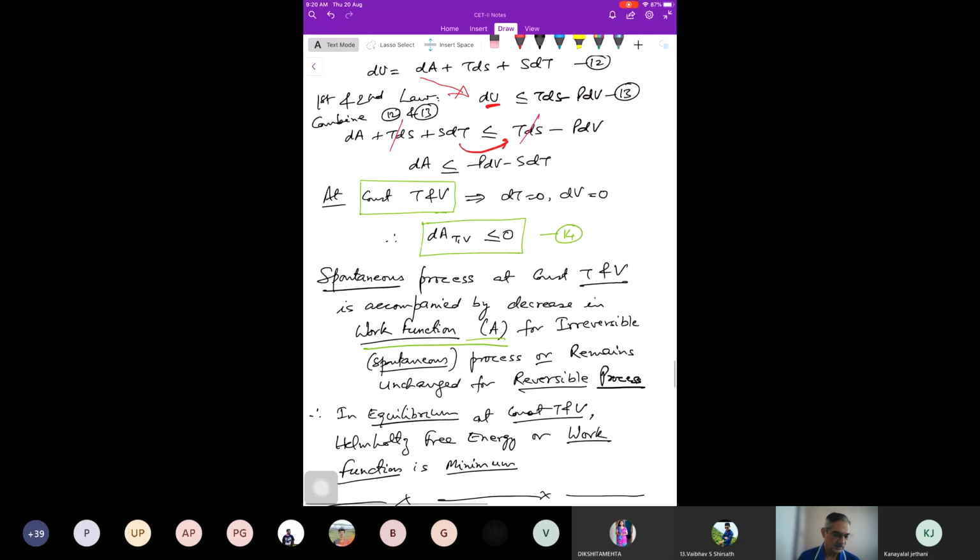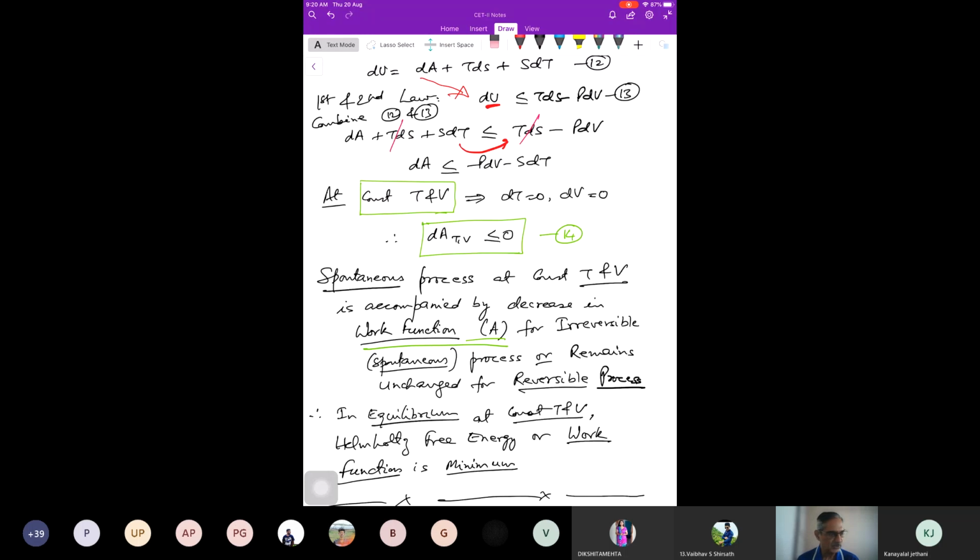So in equilibrium at constant temperature and volume, Helmholtz free energy or work function is minimum. Less than 0 बोला तो minimum होने वाला है. So this is the second criteria of equilibrium if the system is at constant temperature and constant volume.